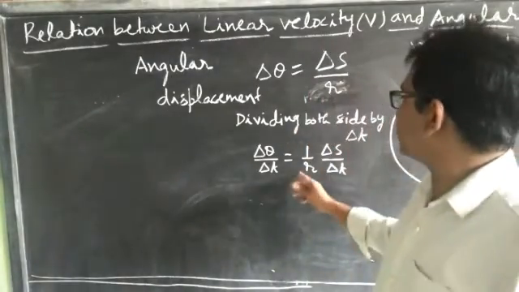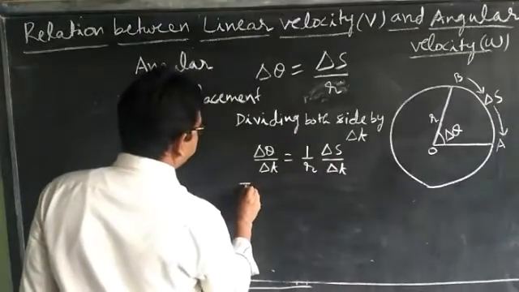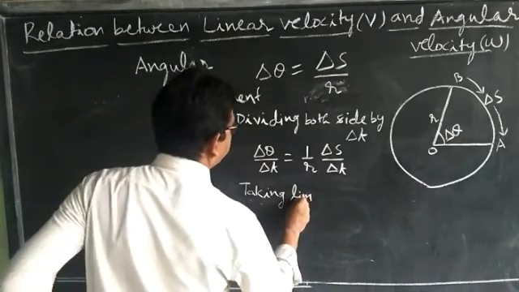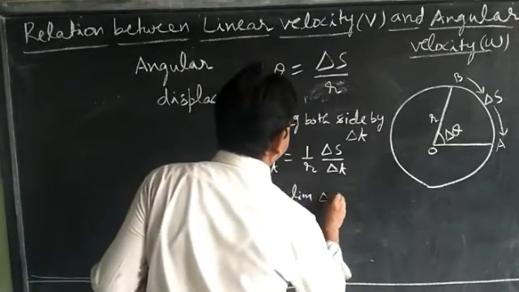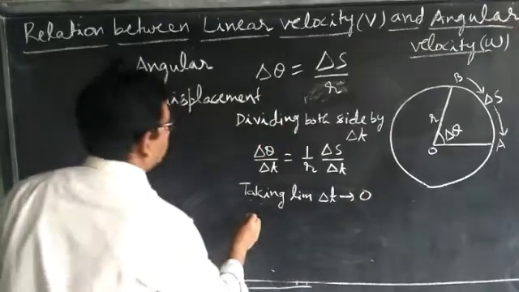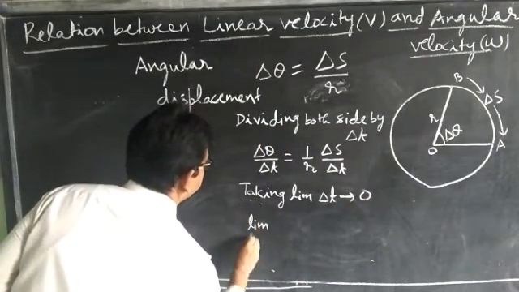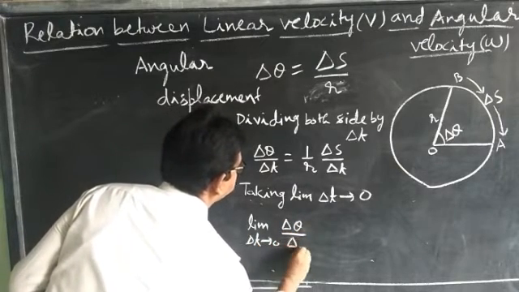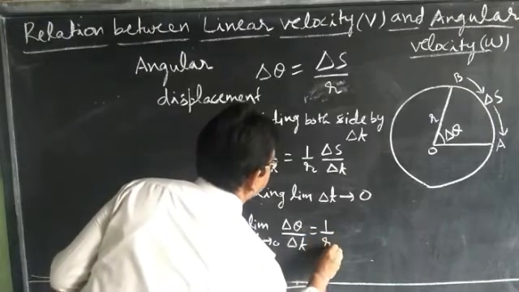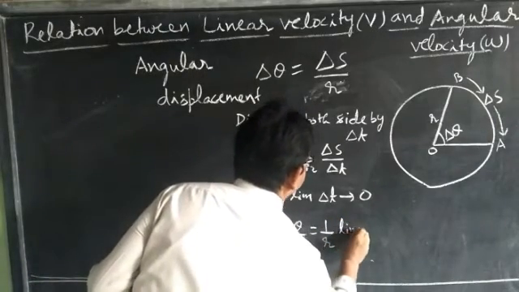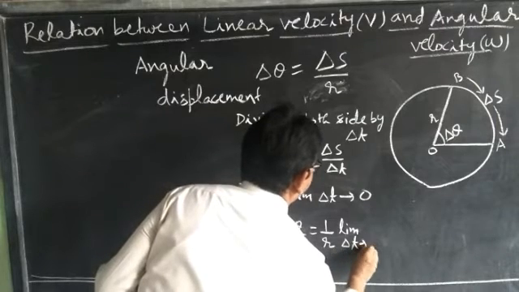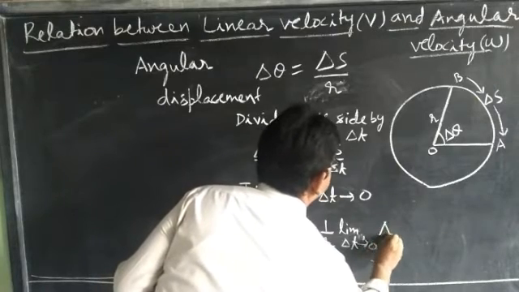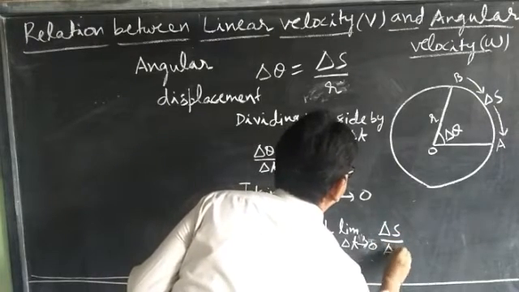Taking the limit delta t tends to 0, limit delta t tends to 0 of delta theta upon delta t is equal to 1 upon r times limit delta t tends to 0 of delta s upon delta t.